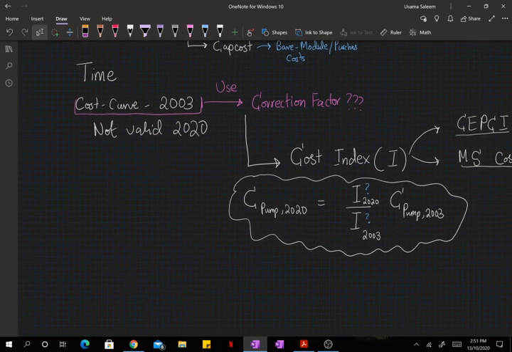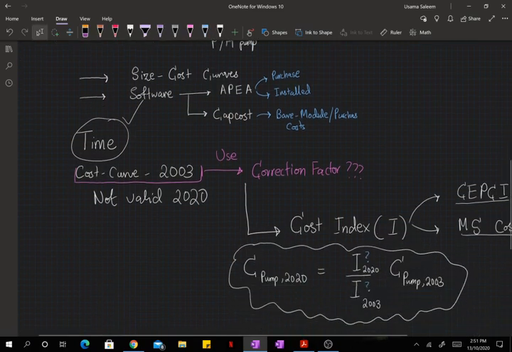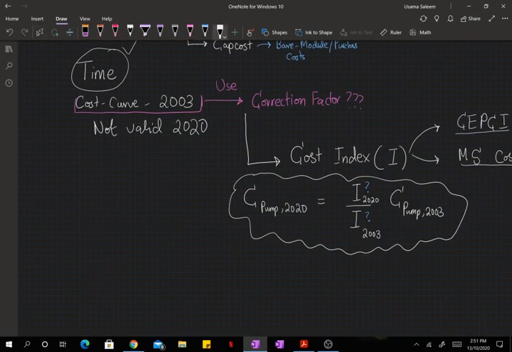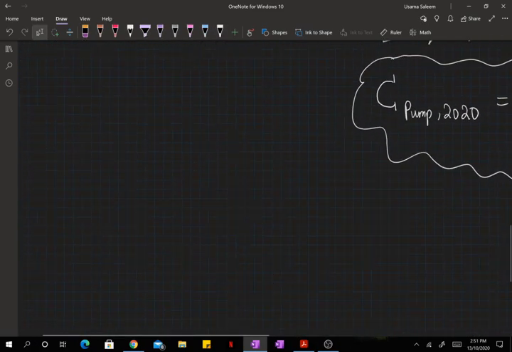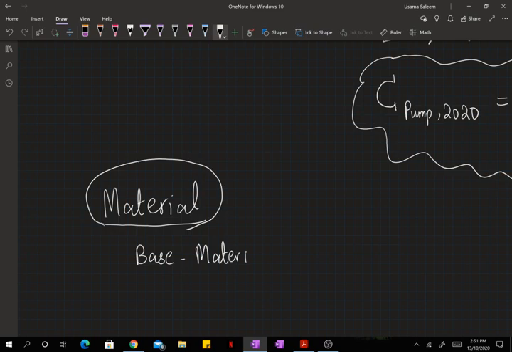We've taken care of size, and we've taken care of time. One more thing worth going over when it comes to finding the equipment cost is the material of construction. Usually the base material that most cost curves use is carbon steel.